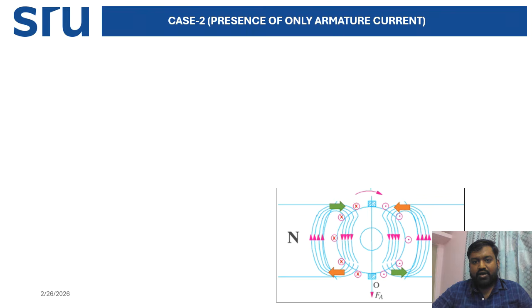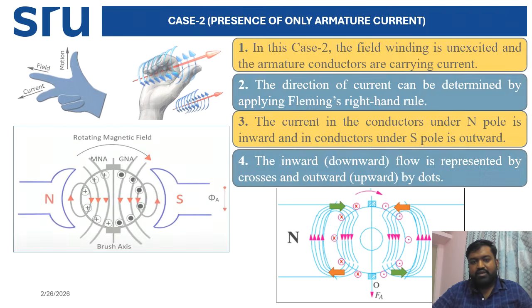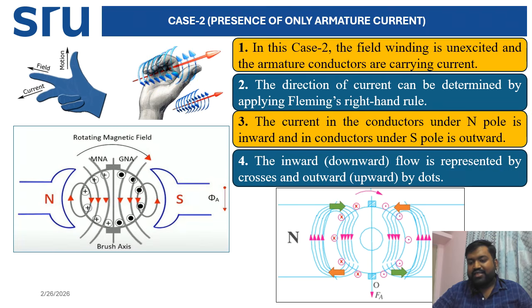This is the same concept that we explained here. Now come to the next slide. Then we have to understand case number 2. In this case, what will we understand? We will understand only 2 points: here the field winding is not there, there is only the armature winding. You already discussed this point. You see the fingers.